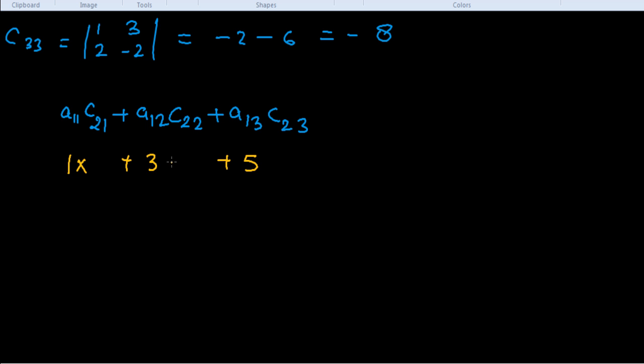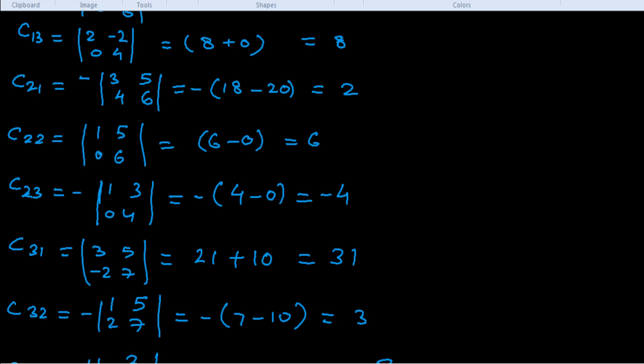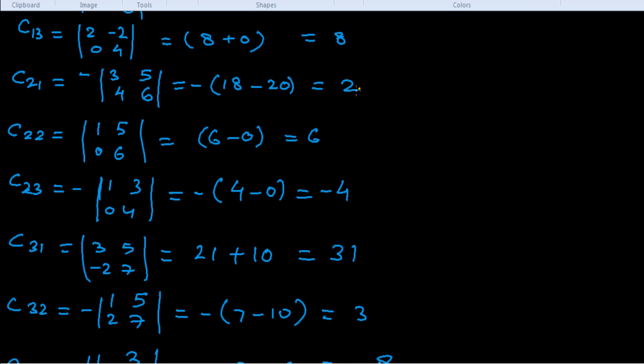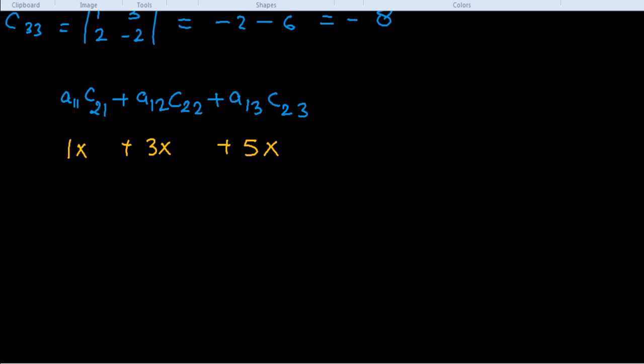And C21, C22 and C23 we have to put here: minus 2, 6, minus 4. We get here minus 2, we get here 18, we get here minus 20. So 20 minus 20 becomes 0.